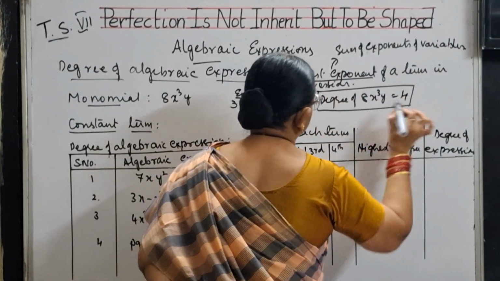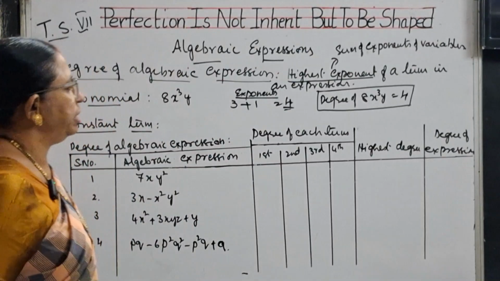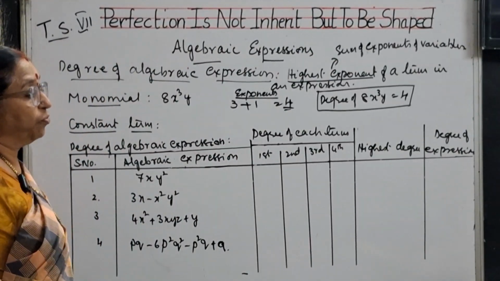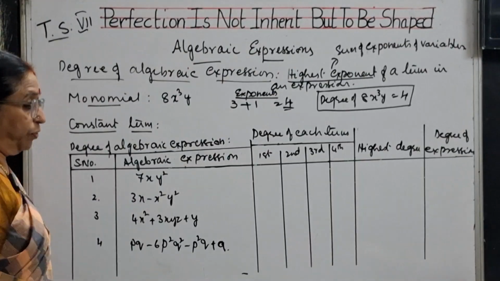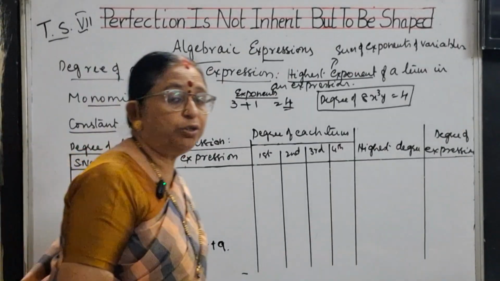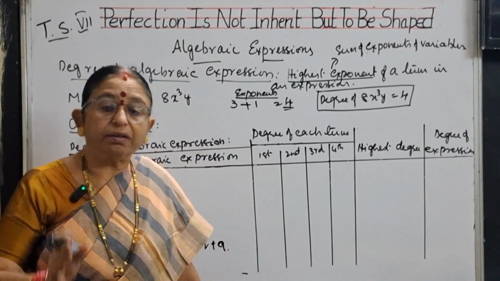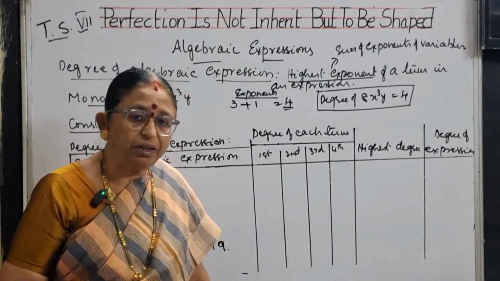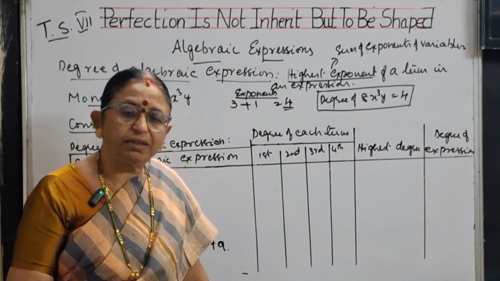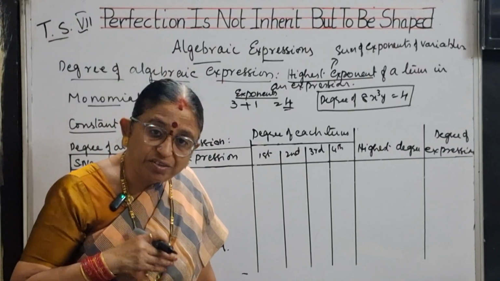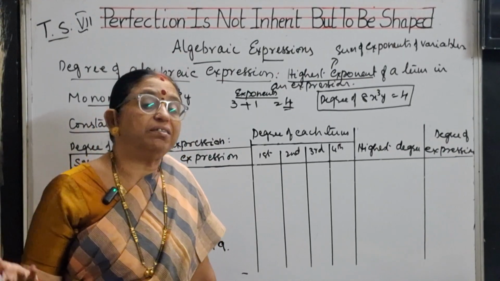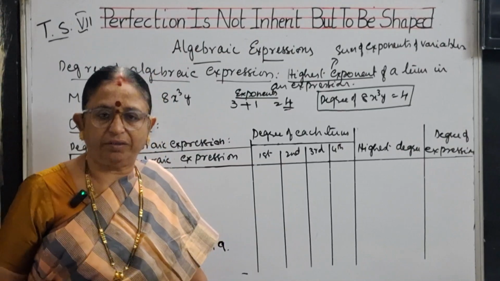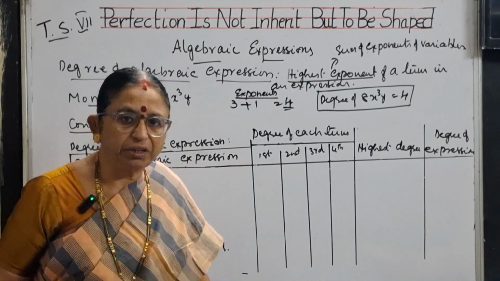I hope I am clear, children. Degree means the sum of exponents of the term. If you have a polynomial, you must find out the sum of exponents of each term in the polynomial, and out of all that, which is having the highest value, that is considered as the degree of that particular algebraic expression. I think I'm clear, children.